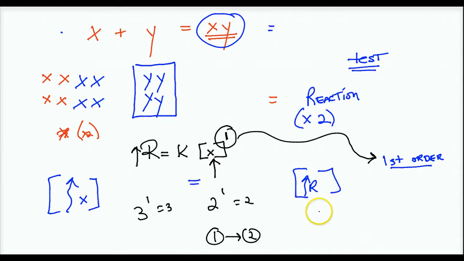Let me explain what I'm talking about. If r equals this k, and let's say it's 1 to the 1 power, let's pretend 1 is k right now, r is going to equal what? 1. Now, if I have R equals K, which is still 1, it's a constant, and now I double the concentration.